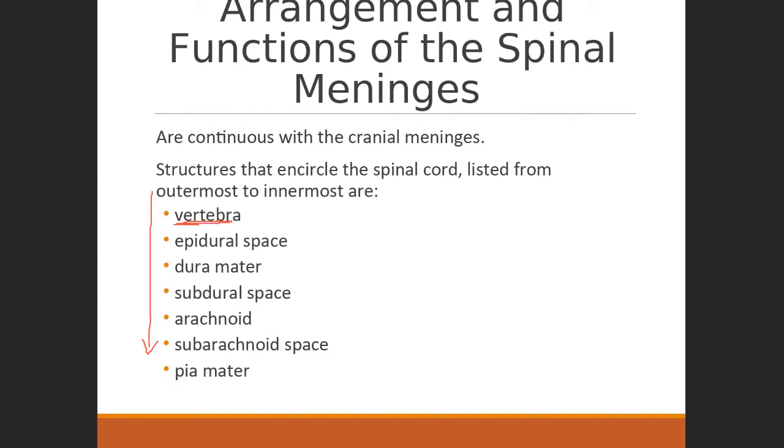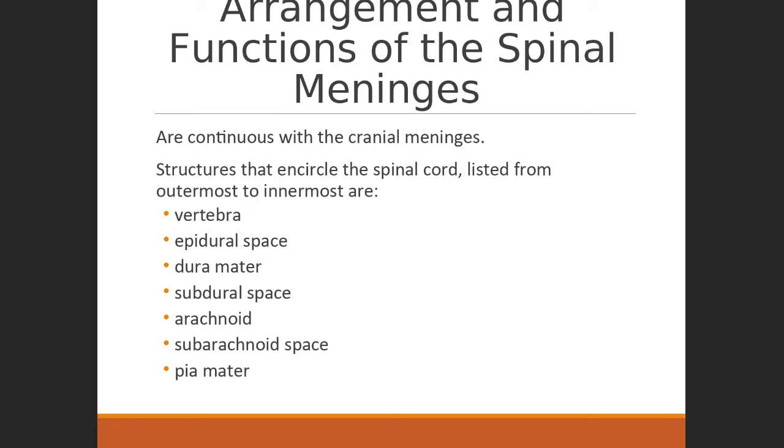We said vertebra because we're talking about spinal cord, but this could also be parietal bone in the skull. And as we move from the bone towards the spinal cord, this is the order of anatomy you would pass through. 3 membranes.